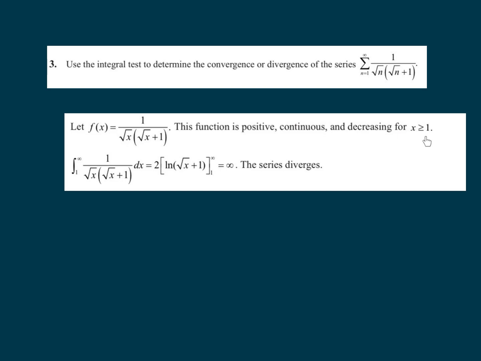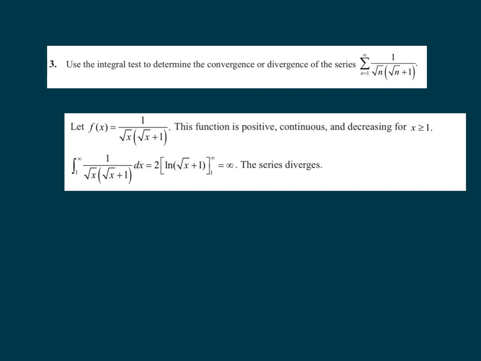It is a decreasing function also. You can take the derivative of this function, and it would be negative. So it fulfills the 3 conditions to apply the integral test.